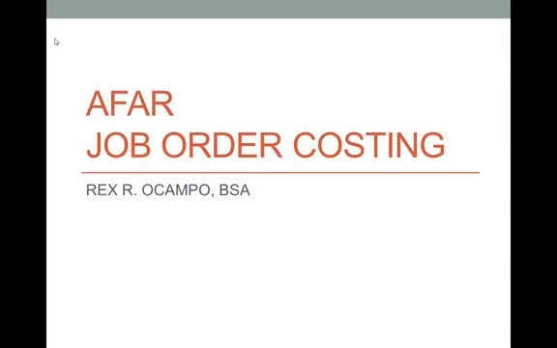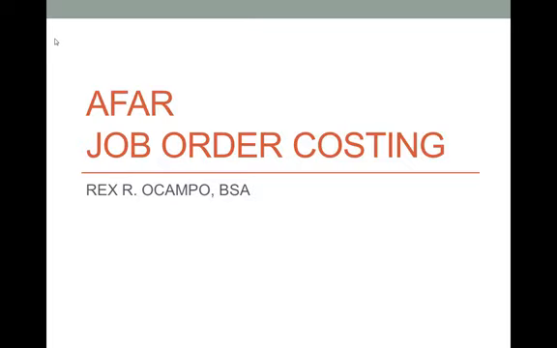So, the objective of this live discussion is to know how to record, and how entries go into the different accounts. By means of that, let's define first what is job order costing.